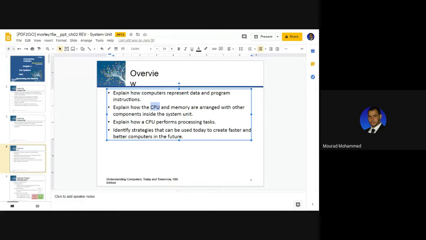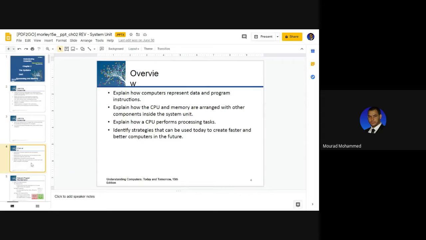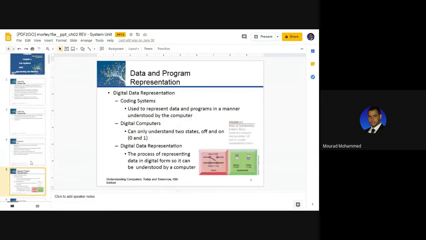And also we are going to identify capabilities or actions we can take in order to improve the computer's ability to act fast and solve computational tasks faster. Good. Let's get started. So that was the overview of the full class upon this unit.